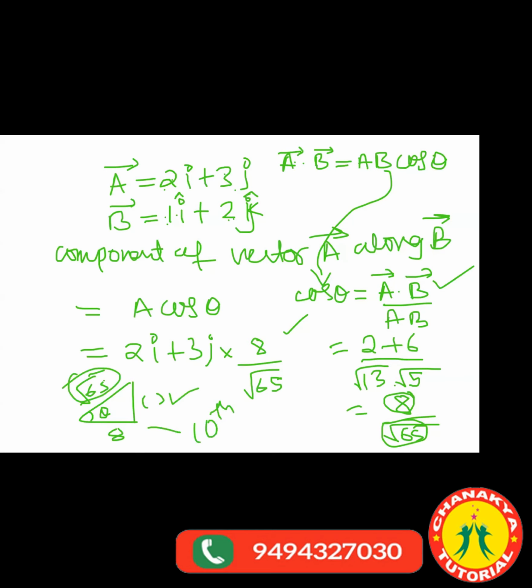Now, if I ask you a simple question, what will be the direction of the component of vector A along B? It will be B only, right? Note this down, I will tell you what I am trying to say.